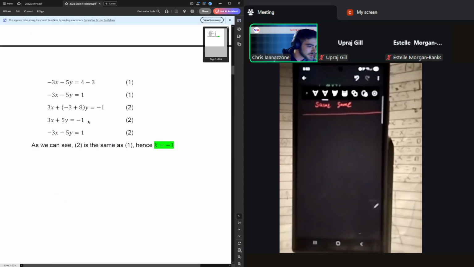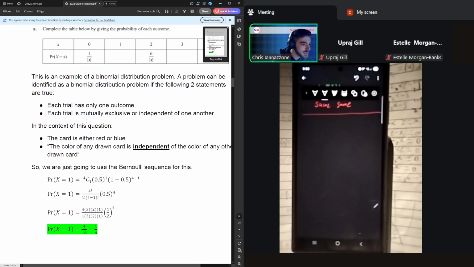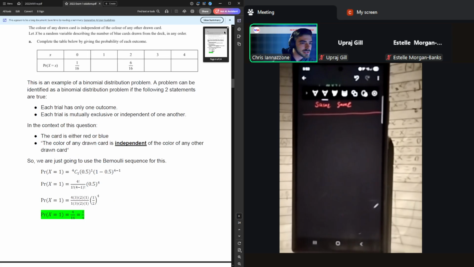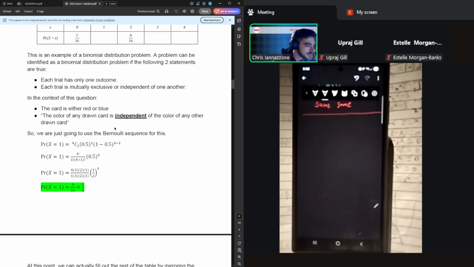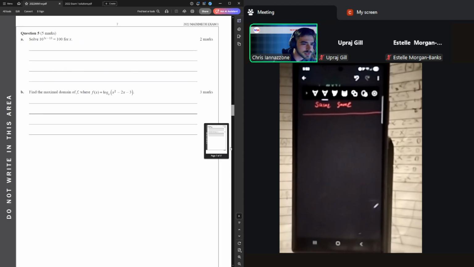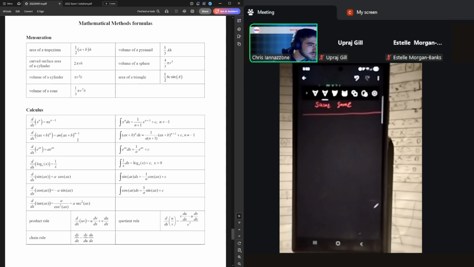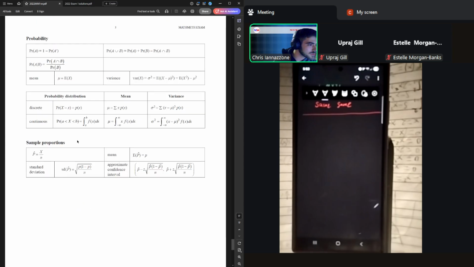But yeah, to see what that was all about, a Bernoulli sequence is how you calculate your binomial probabilities. This is on the formula sheet. The formula sheet looks a bit different now.